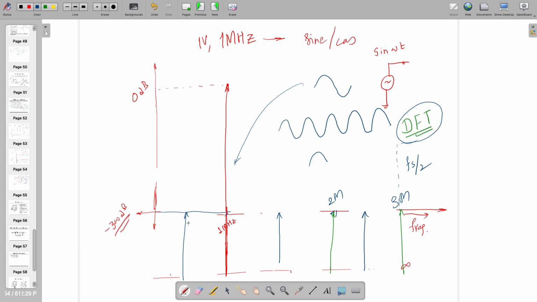This is done for 1, 2, 3, 4, 5, 6, 7, let's say 8 somewhere. This is an 8-point FFT, where the sampling frequency will be exactly equal to 3 mega. If you are not doing this, and if you are doing something here and there, some delta change, even if you are supposed to do this one and you are doing that one, you are going to see such kinds of things.